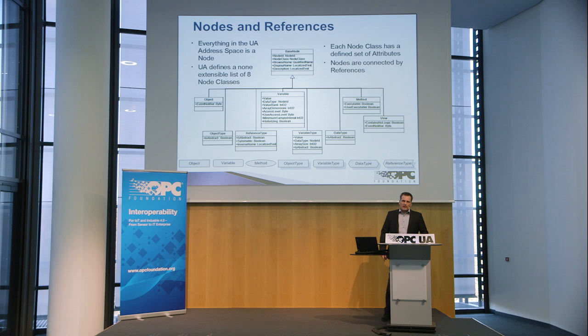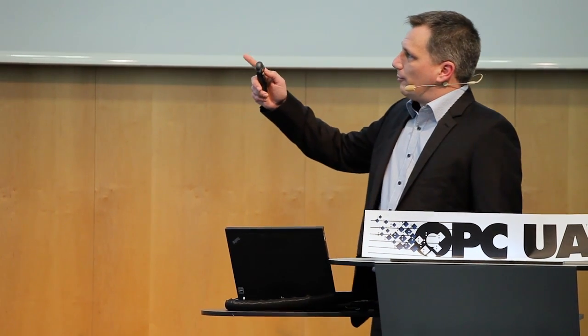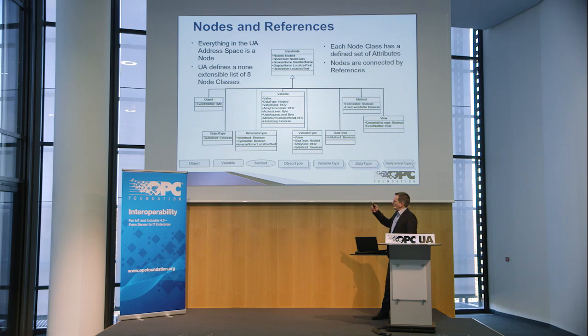And there's a description language, a graphical description that was defined to describe those things graphically. This is more or less the same as you may know from the UML description of object-oriented models. And we have instances of objects, variables, methods, and we have object types.